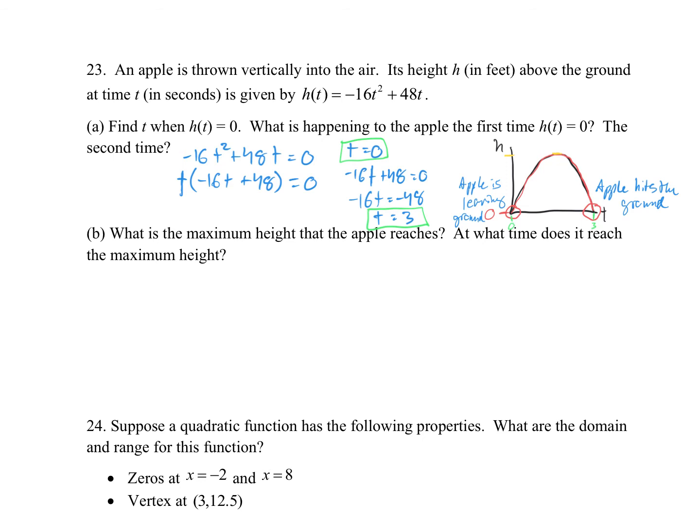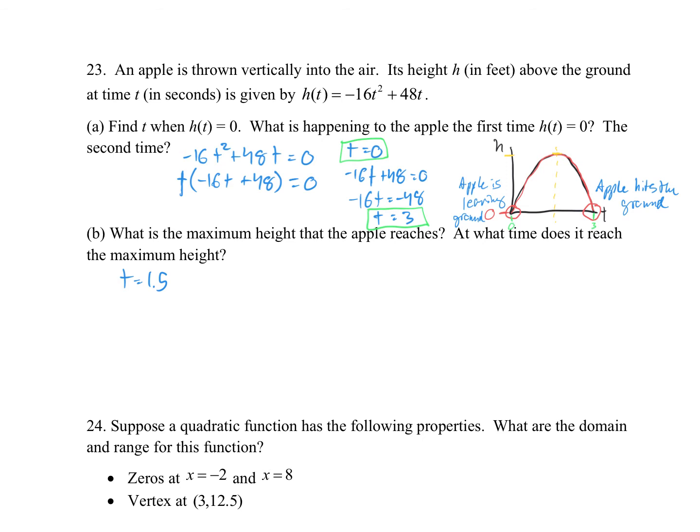So straight up and down the middle, halfway between 0 and 3 is where this maximum point would be. So let's find that middle point. We know 0 and 3. Halfway between 0 and 3 is 1.5. So t equals 1.5 is the time when the apple will reach the maximum height.